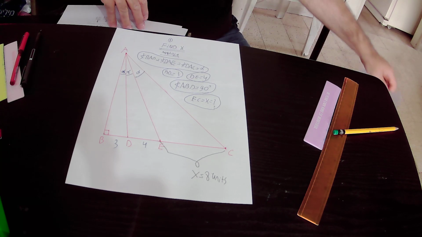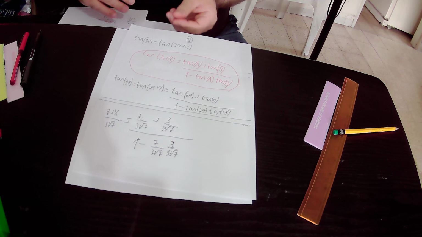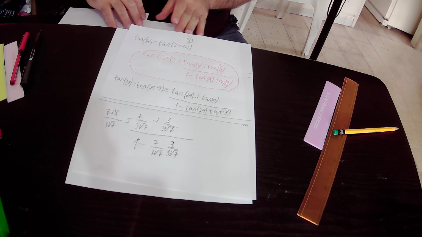Then we also know that tangent 3 alpha equals tangent of 2 alpha plus alpha.